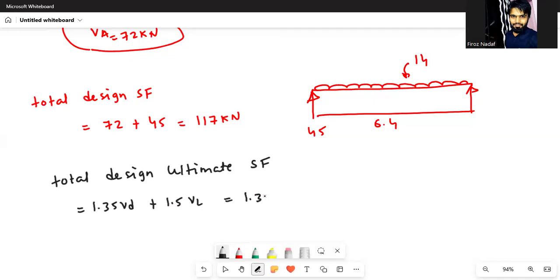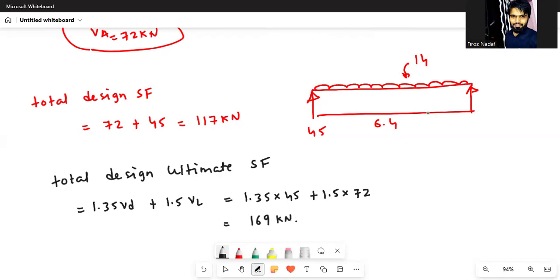So 1.35 into 45 plus 1.5 into 72. So you are getting it as 169 kilonewton. Up to this is clear?